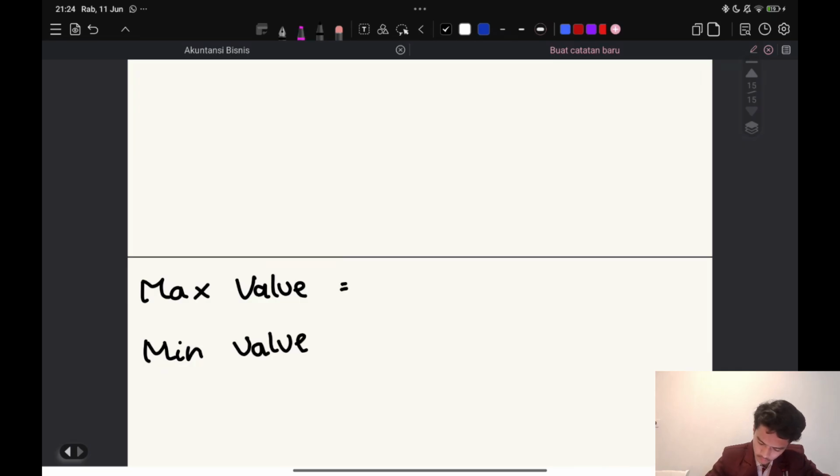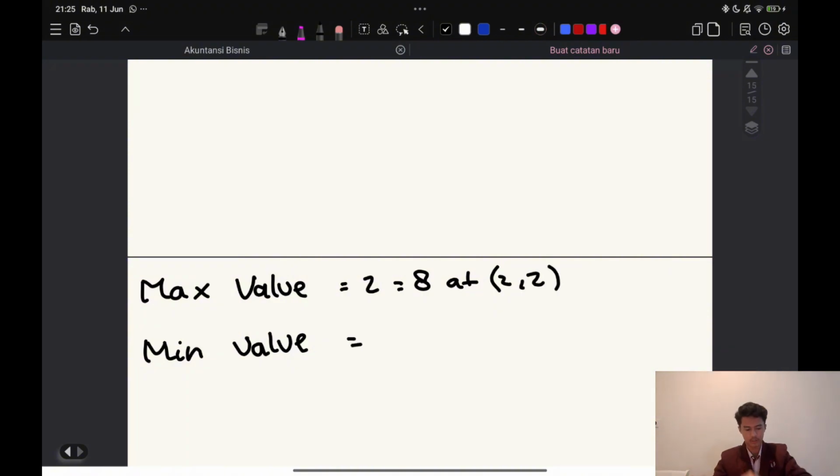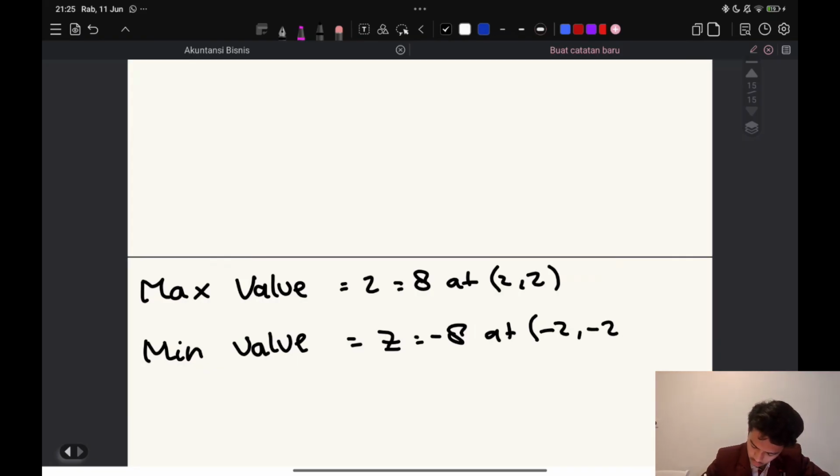For the maximum value, we have 8 at (2, 2), and for the minimum value we have -8 at (-2, -2).